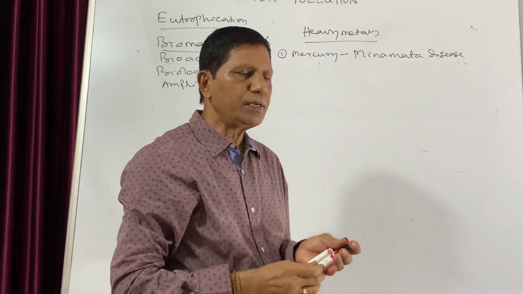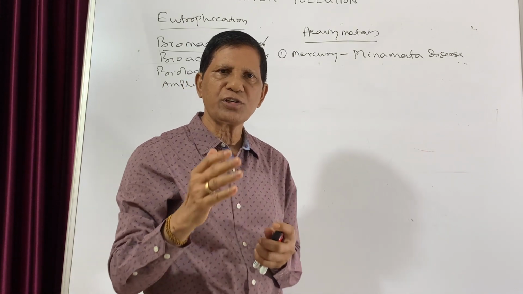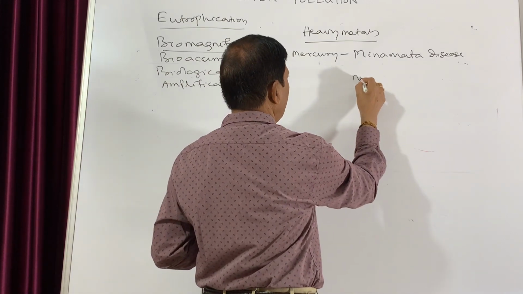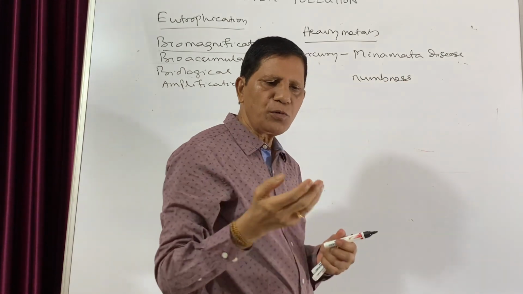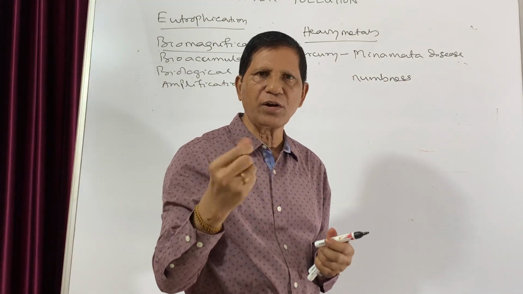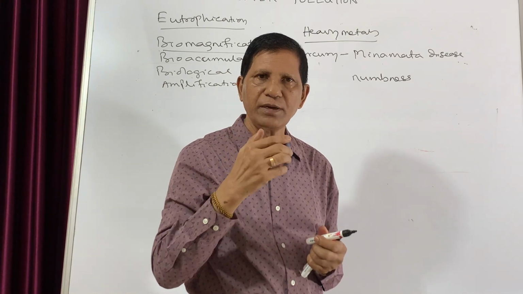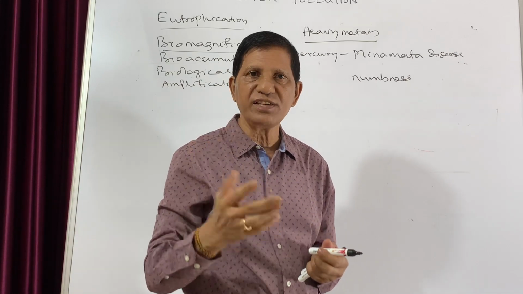Some time ago it was found that in Japan, some people suffered from numbness. That means there is no feeling in different organs: numbness in the fingers, numbness in the lips, and numbness in the tongue, unable to talk, then blurred vision.